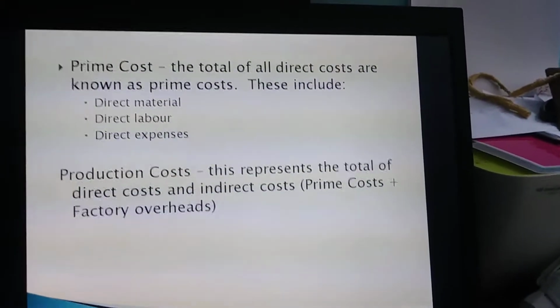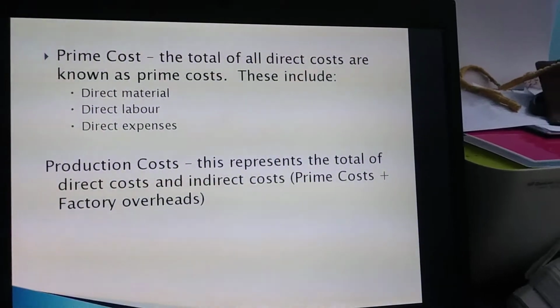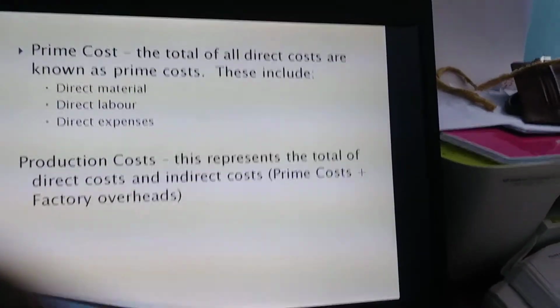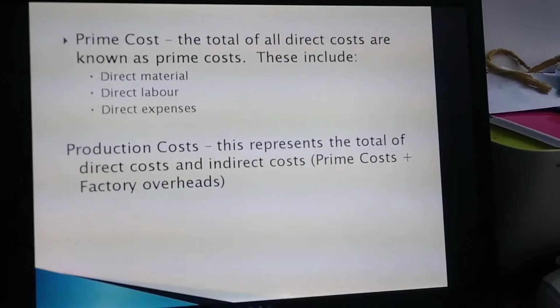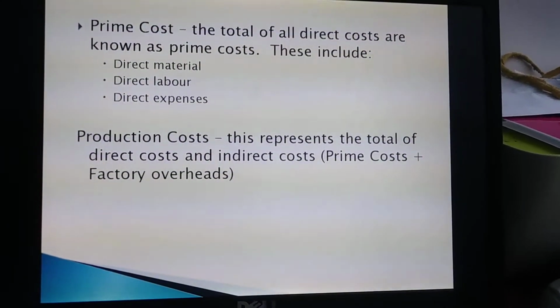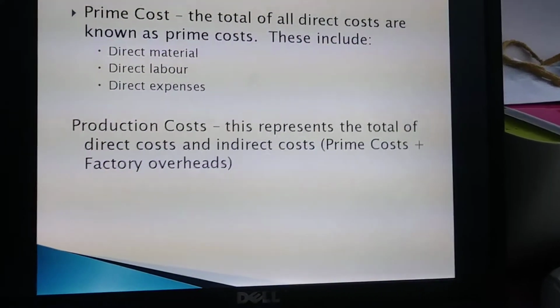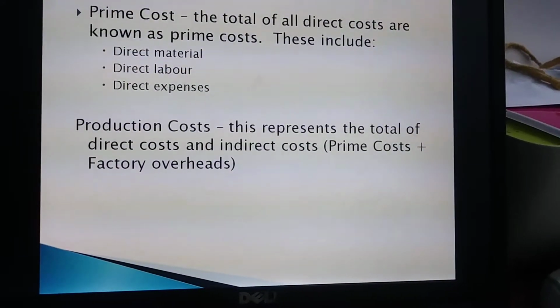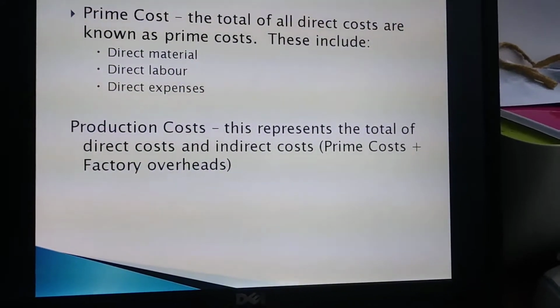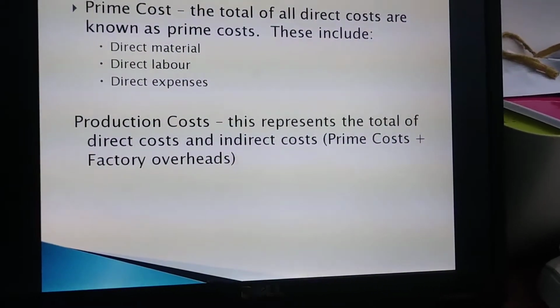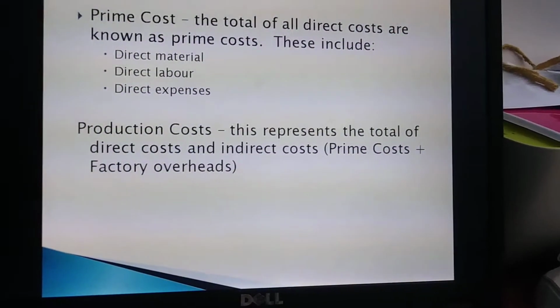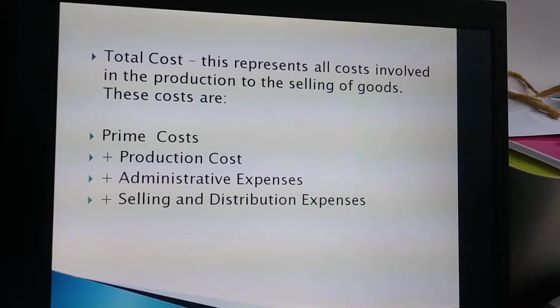Prime cost, very important. This represents direct material, direct labor, and direct expenses. Production cost represents the total of direct costs and indirect costs. So the total of direct costs, which would be your direct material, your prime cost, and your indirect cost, gives you your production cost.